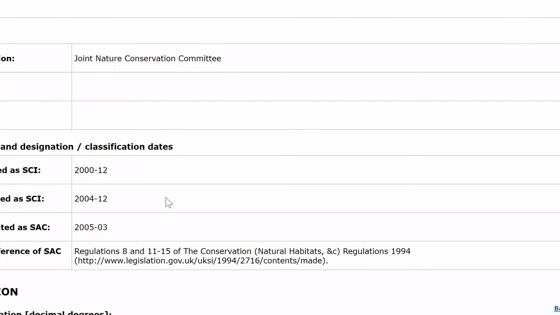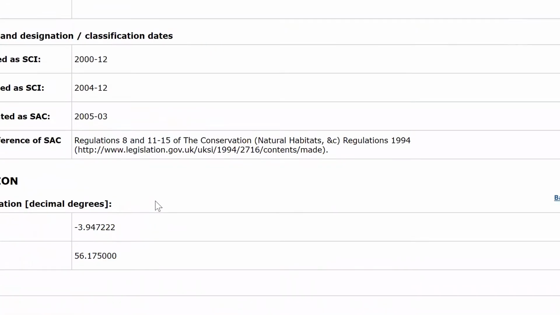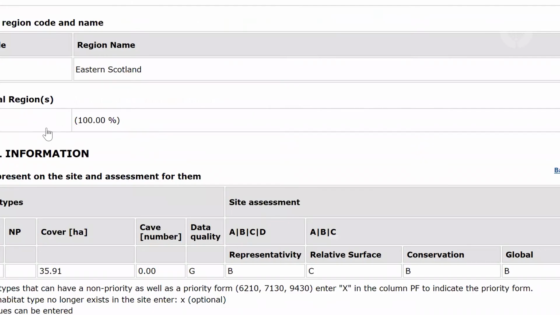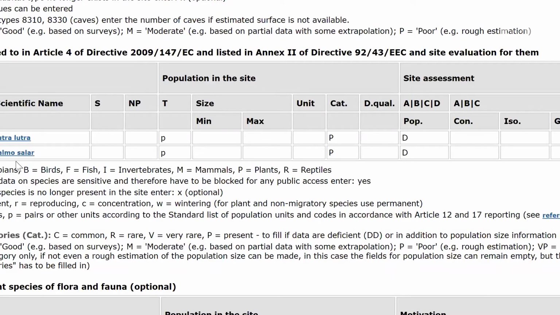The standard data form will tell me what I need to know about this site: what it's designated as, its longitude and latitude if you want to find it, and some of the species that this particular area is important for, Lutra lutra, the otter, and Salmo salar, salmon.